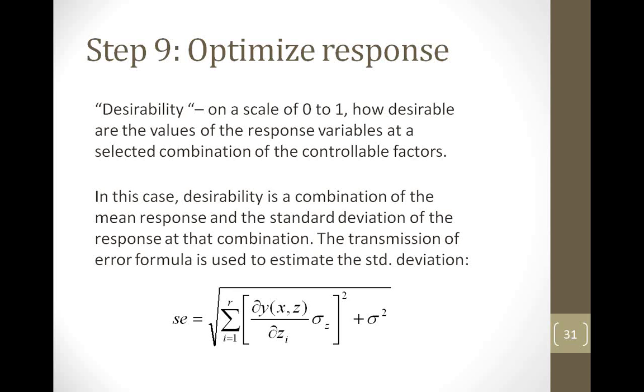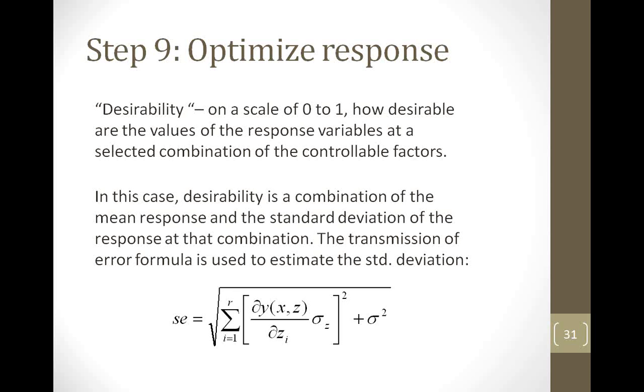Here I've written down what's called the transmission of error formula that shows, based upon both the standard deviation of the experiment, and sigma squared here is your normal experimental error, but also sigma z, the standard deviation of the noise variables, what the overall standard deviation of the response would be. That's the formula that's actually used to calculate and plot the standard error, in this case of reception quality, at different combinations of the x variables.